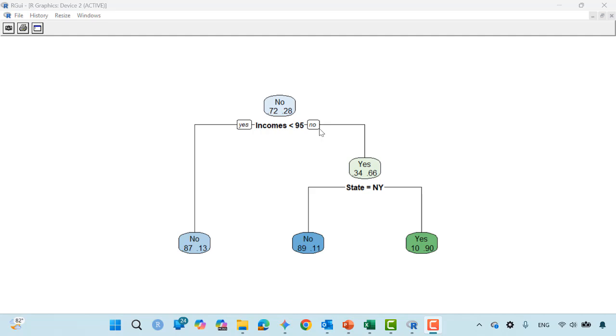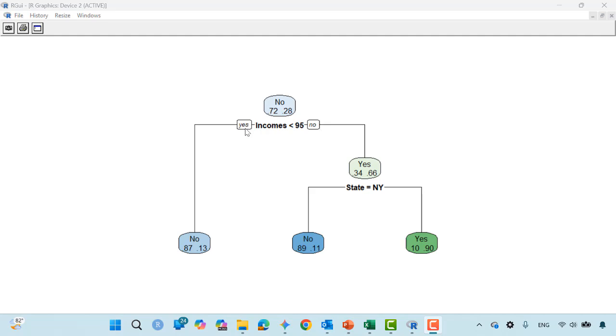Let me give you an example. Let's say I have a customer who makes 60K a year. So is the answer to income less than 95 a yes or a no? He only makes 60K, so obviously it's less than 95K, right?